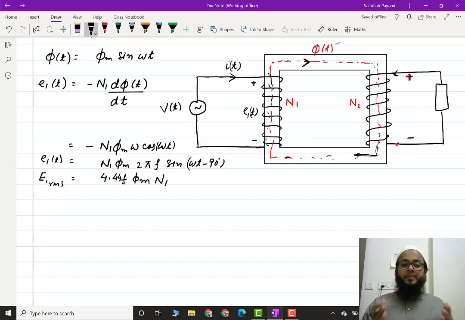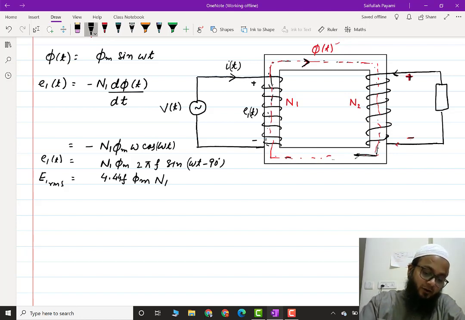Say in a locality one transformer was already there and the load requirement has increased, so you want to install another transformer. Then we have to ensure that the polarity of the secondary of the transformers is the same, otherwise there would be a circulating current. That is beyond the scope of this class, so I'm not discussing it here. But these dots or markings play an important role.